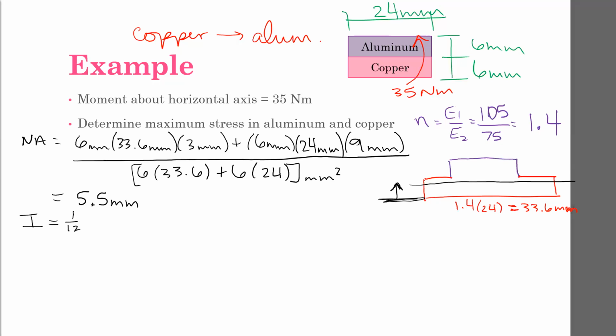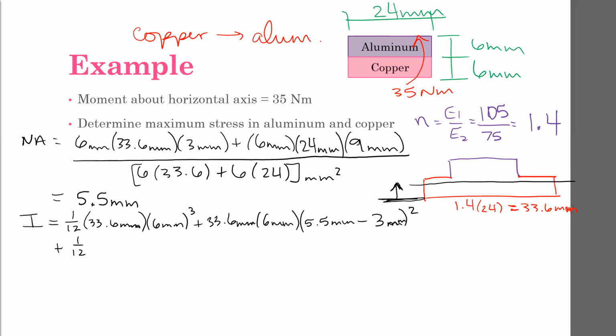So 1/12 times 33.6 millimeters times 6 millimeters cubed. Then we have an Ad squared term. So plus 33.6 millimeters times 6 millimeters times 5.5 minus 3 squared.